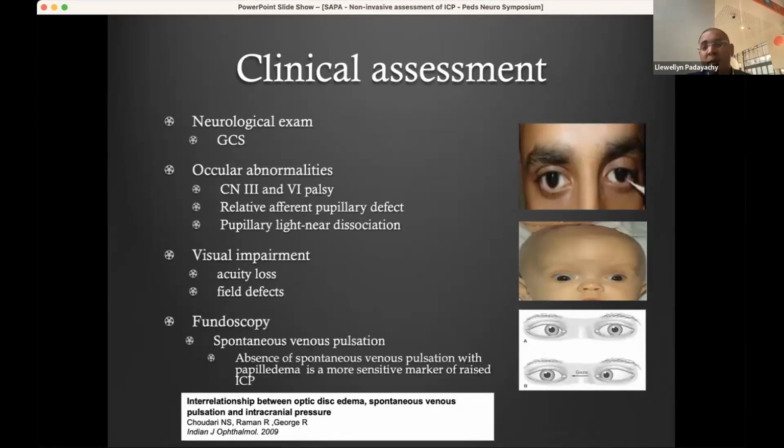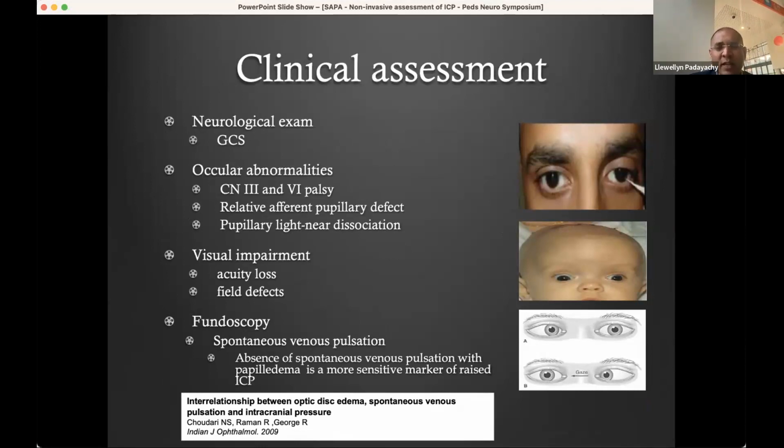So, the clinical assessment outside of that: in older kids, the Glasgow Coma Scale is our go-to assessment tool, combining that with ocular abnormalities, third and sixth nerve palsies, relative afferent pupillary defect, light-near pupillary dissociation, visual impairment. I think that is incredibly important.